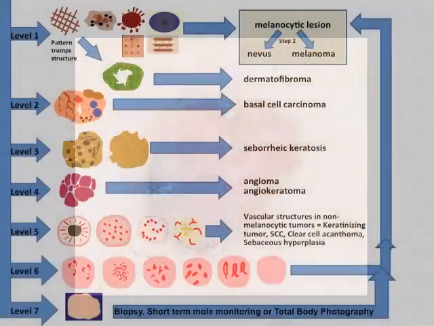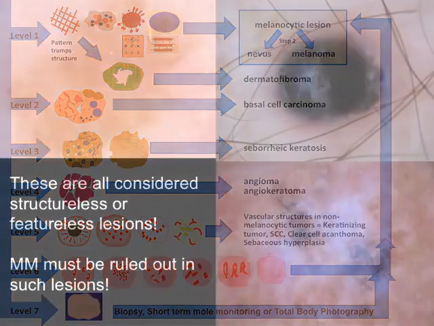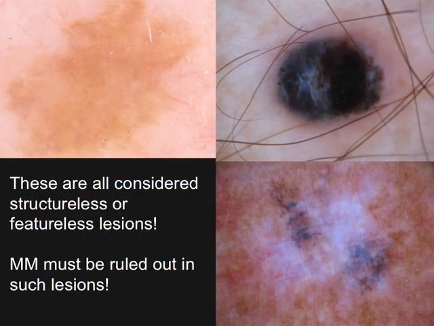And then if it doesn't have that, then you end up in this last tier, the seventh step in this ladder, and that can be anything from a very light tan color to a very dark color to something that's undergoing regression. These are all by definition considered melanocytic because you don't want to miss a melanoma.